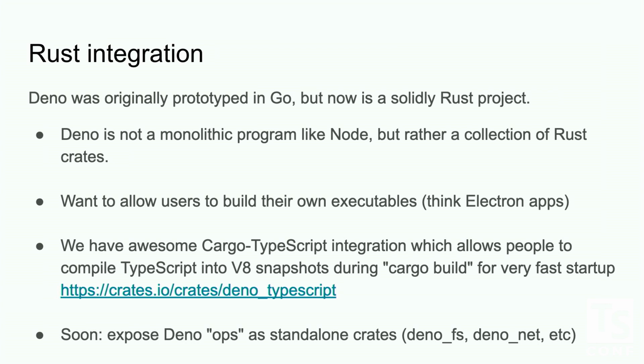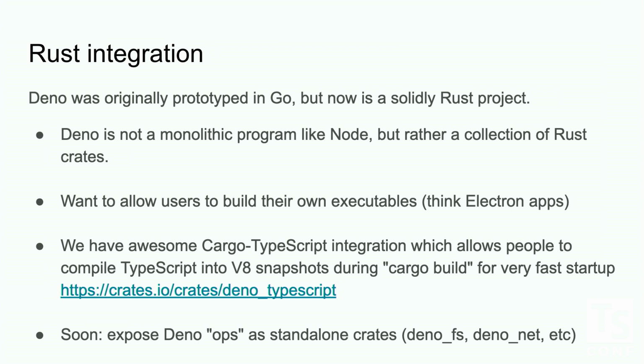Right, so Deno was written in Go originally, prototyped in Go, but now it's a very rusty project. It's written almost completely in Rust, and so what we're trying to do with this is, rather than shipping this monolithic executable like Deno.exe, which we do, we want to open this up a little bit and break up the system into various crates.